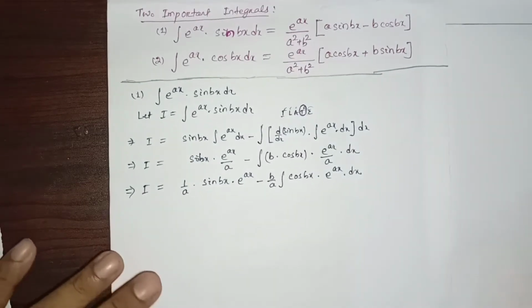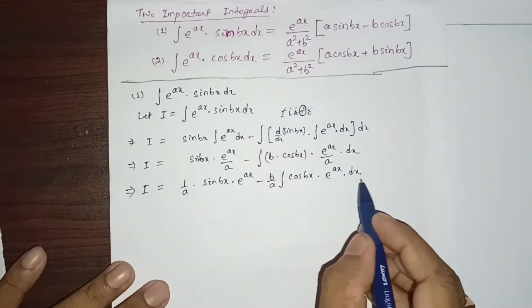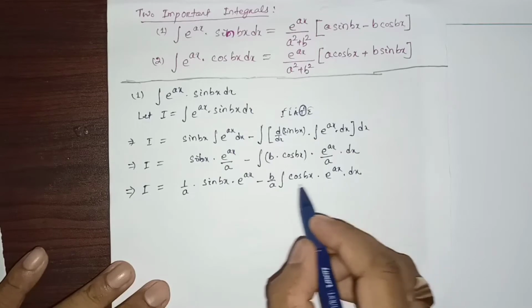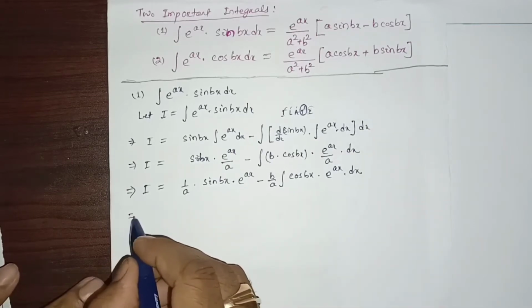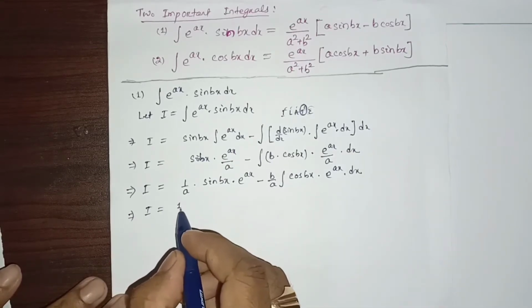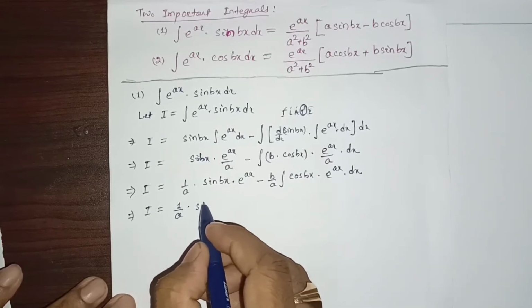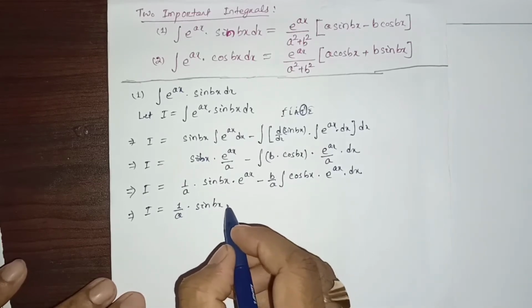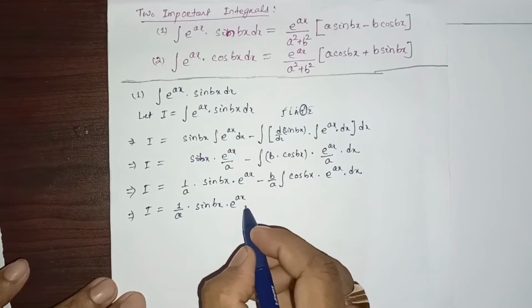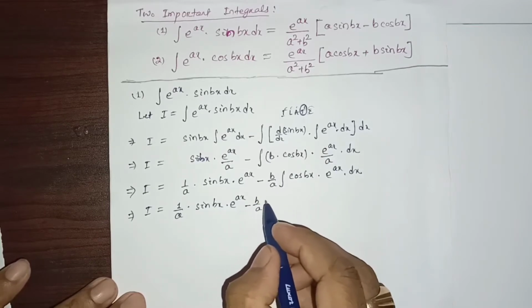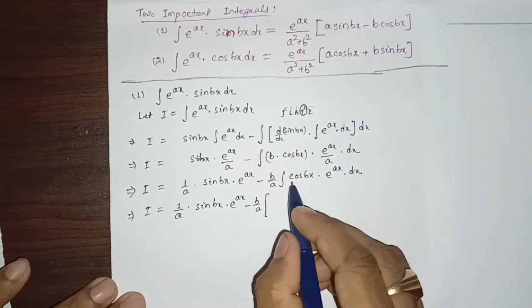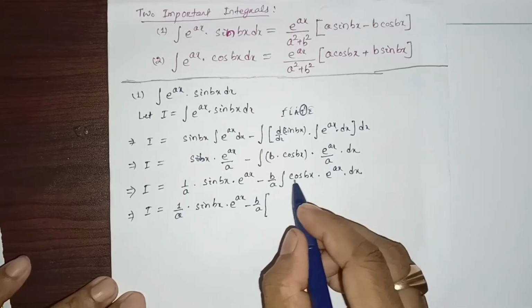Again we have to apply ILATE over this integration. So that implies I equal to 1 by a into sin bx into e to the power ax, which is already there, minus b by a, and here we again apply ILATE for this integral.